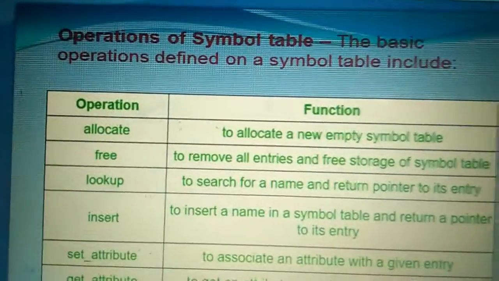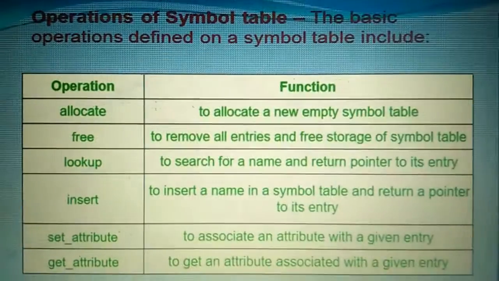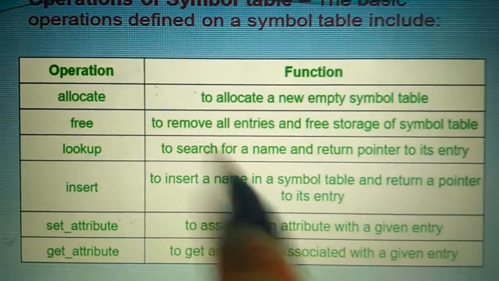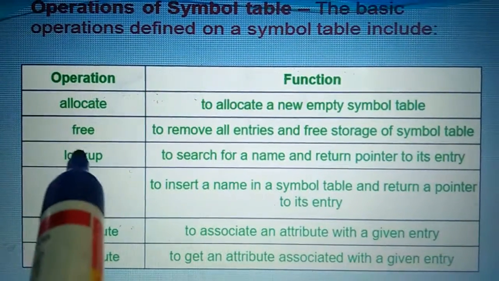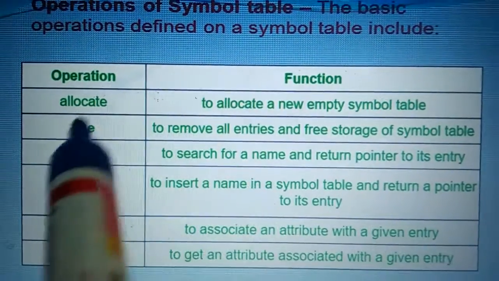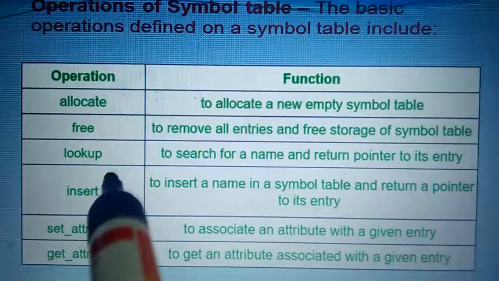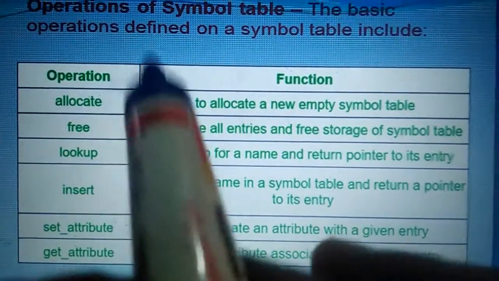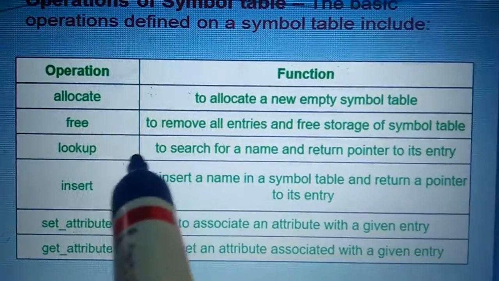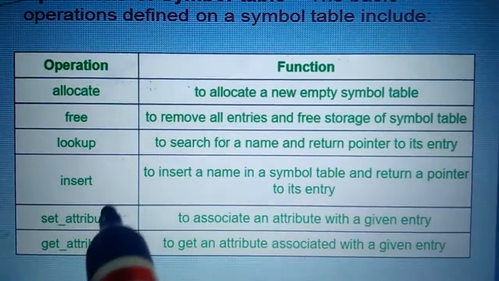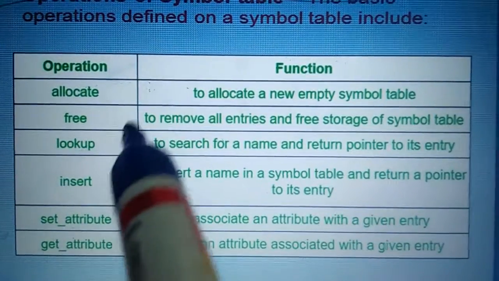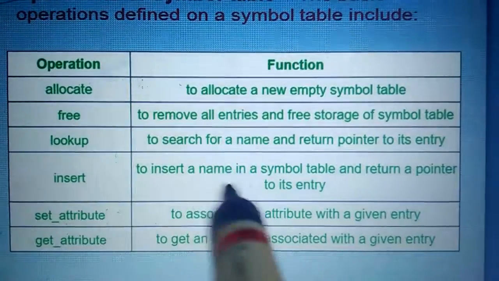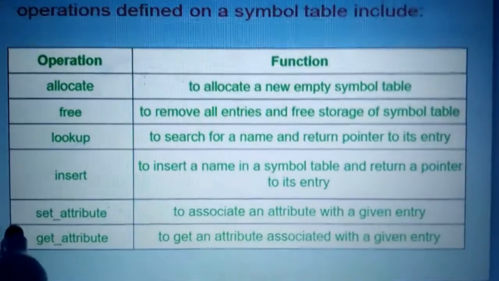Now the operations of the symbol table. The basic operations defined on the symbol table include allocate, free, and lookup, which is required to search for a particular variable, call by value, function, or procedure, pointing from the symbol table and going back to the program.